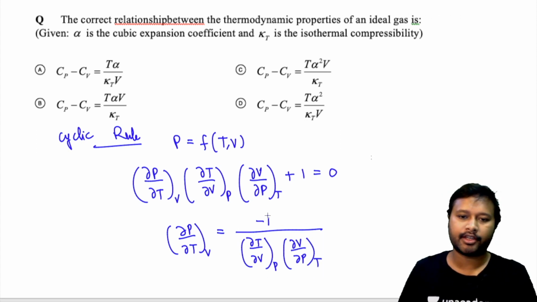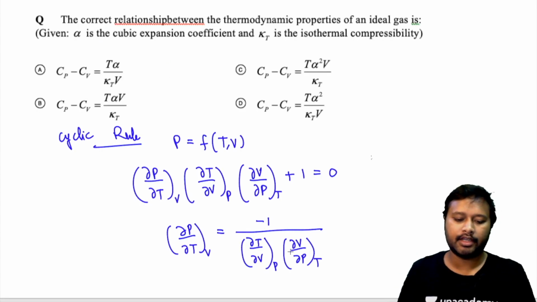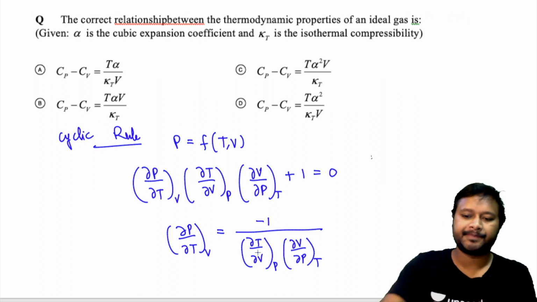Now I can take this to the above side, and this equation is going to become del P upon del T at constant V equals, when I take this dT by dV, I am just going to reverse it. So dT by dV will become dV by dT.